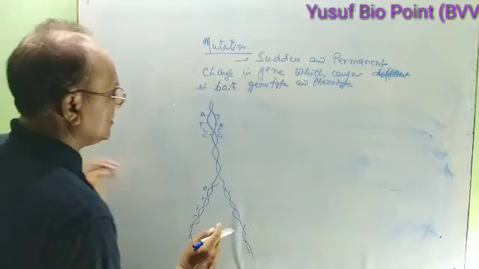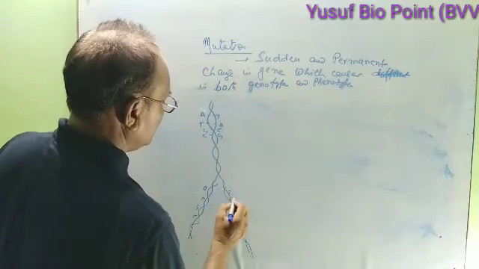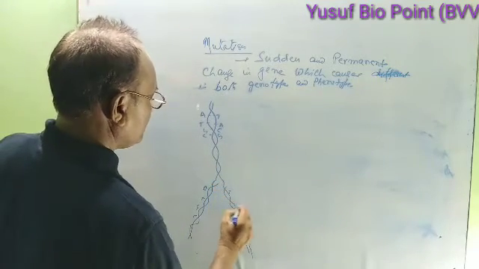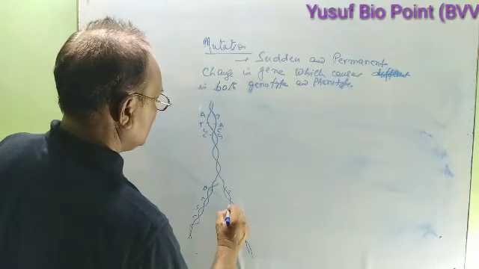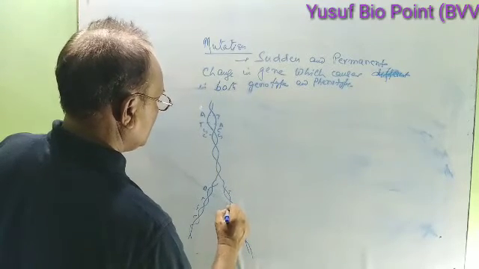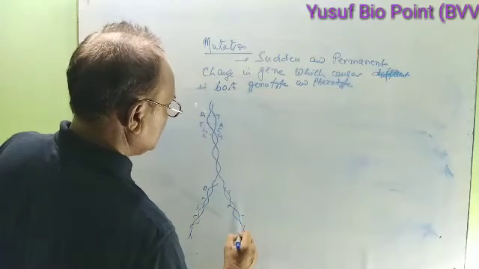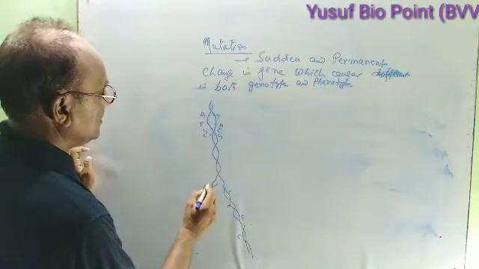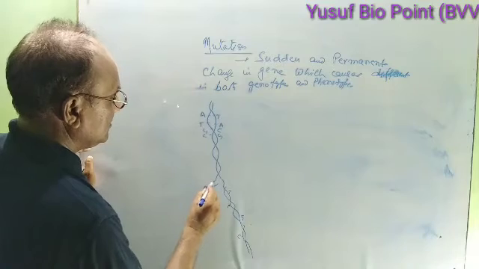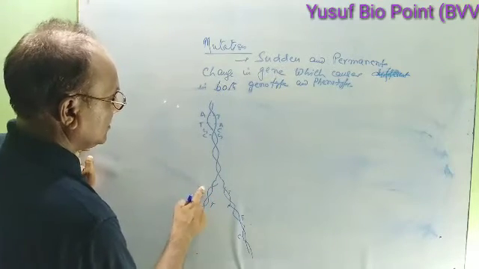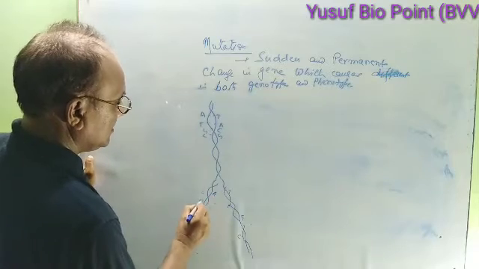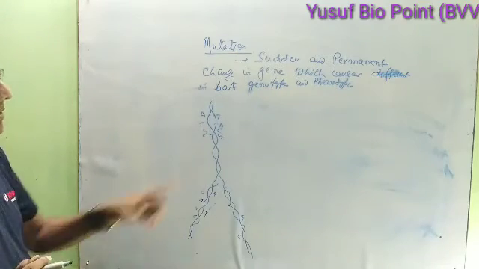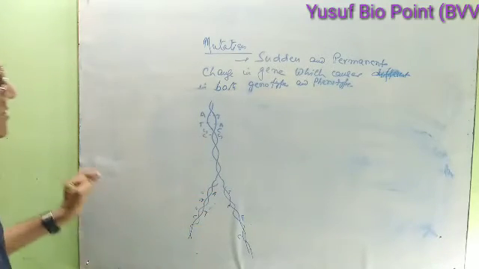T, T, A, G, C, H, A, T, C. This is the, now its recombinant will be forms.